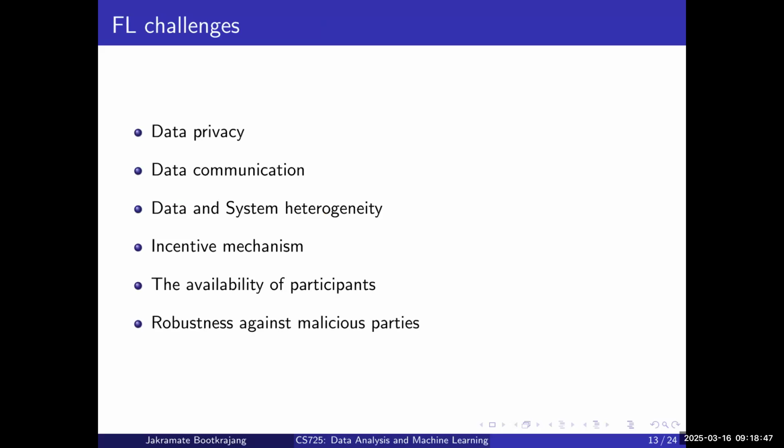So what challenge does federated learning try to solve, right? The first would be the data privacy. Because the data is not shared, you are actually not leaking any information from your own device.